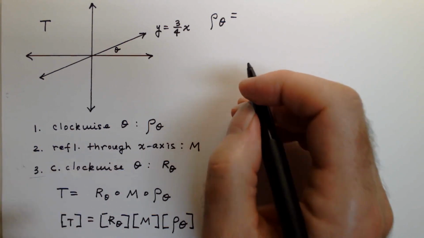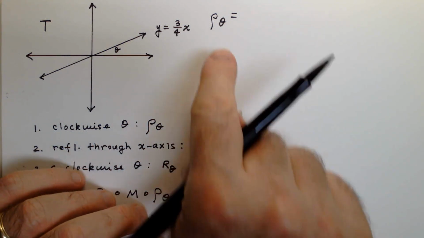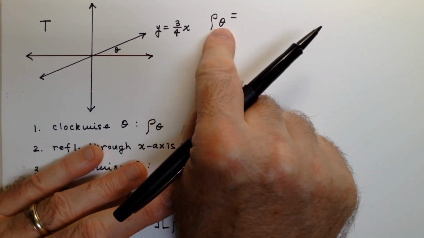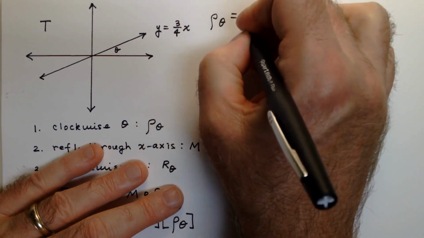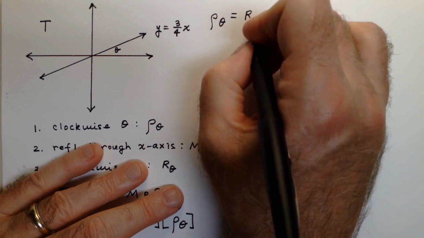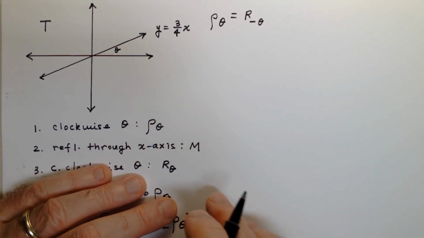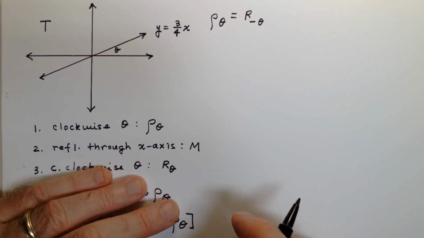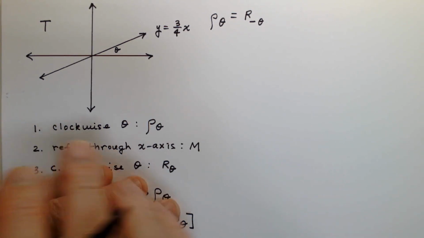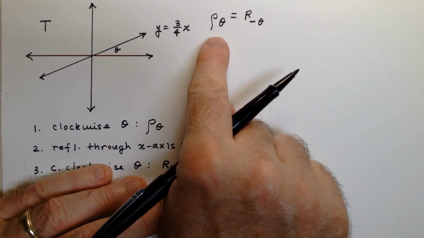Now we have a matrix representation for a counterclockwise rotation through an angle. And so one thing we can do is leverage that result and realize that a clockwise rotation through theta is equivalent to taking our regular counterclockwise rotation matrix and applying an angle of negative theta. All right, so in other words, a counterclockwise rotation of negative theta is equivalent to a clockwise rotation of theta.